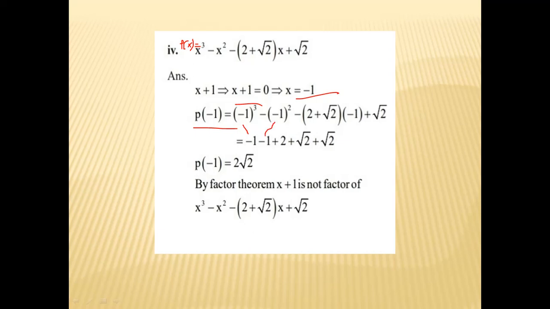Minus into minus is plus, plus 1 into 2 is plus 2, plus 1 into root 2 is plus root 2. Plus root 2 plus root 2, when we add, we get 2 root 2. But minus 1 is minus 2, minus 2 and plus 2 is cancelled. Therefore, we get P of minus 1 is 2 root 2.